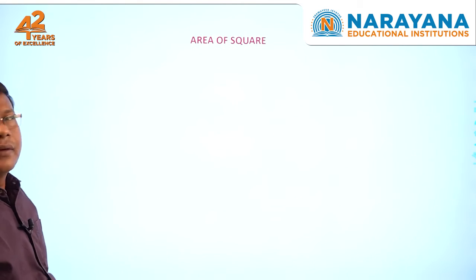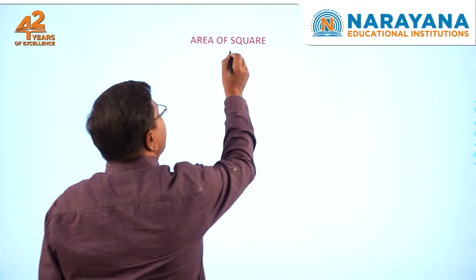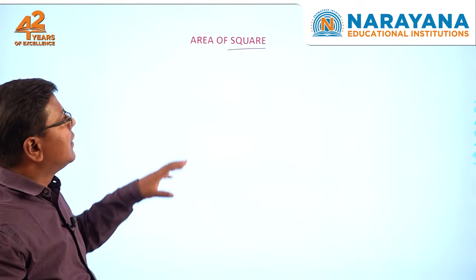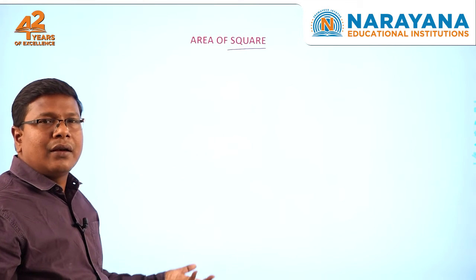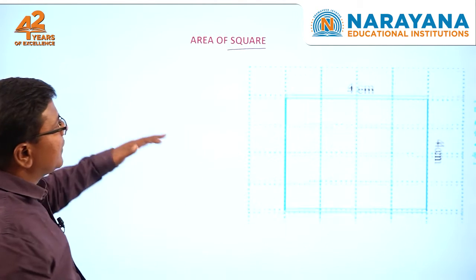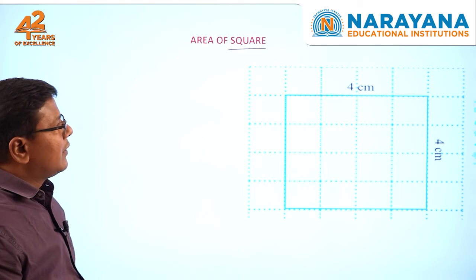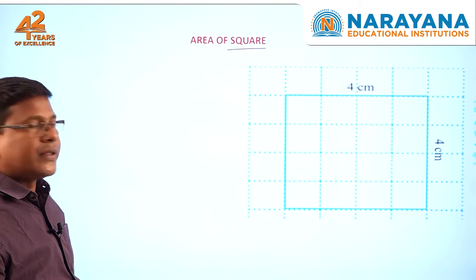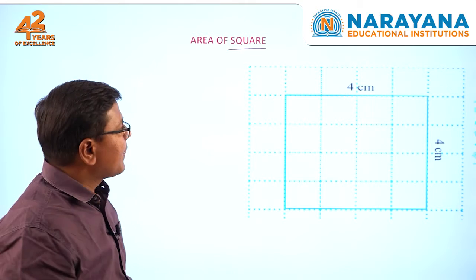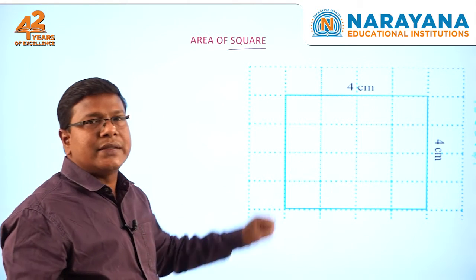Now, come to the area of the square. It is again the same. How many squares are inside the given square is called its area, right? Now, for example, take a square of sides 4 centimeters and 4 centimeters. Square means all the sides are equal. Count how many squares are inside it.